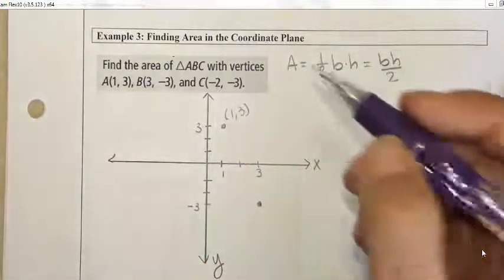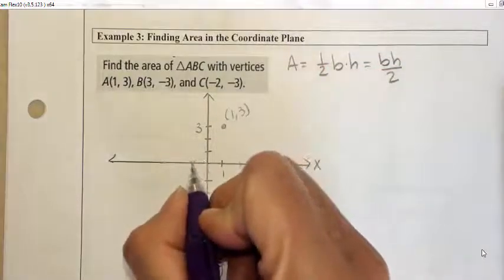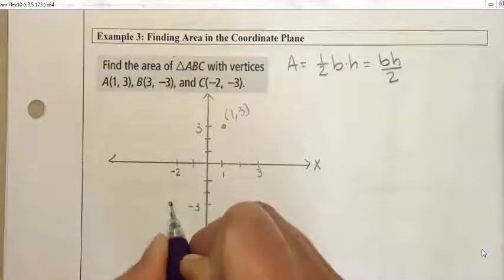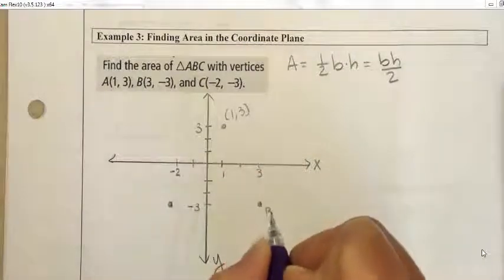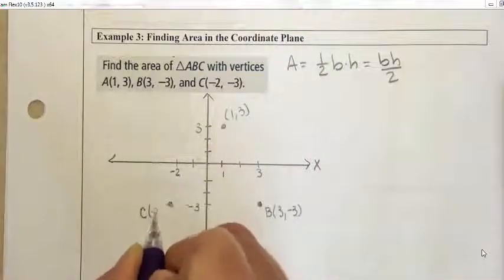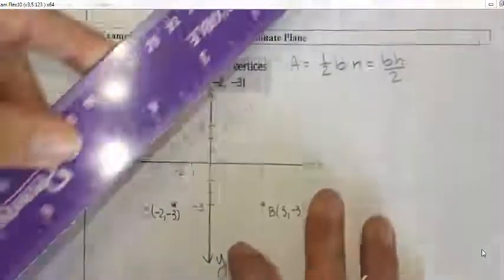And then C is the point negative 2, negative 3. So I'm going to go back negative 2 and down 3. Oops, and I should label these. So this is B, which is 3, negative 3, and this is C, which is negative 2, negative 3. Okay, so let's connect these.